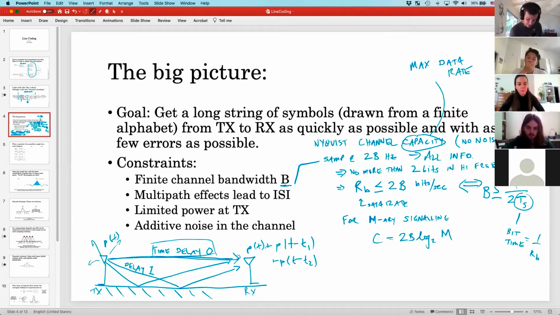And this will be attenuated. We've talked about that. Maybe this will be attenuated more because the reflection eats away some power. It's a slightly longer distance, so we get a 1 over r squared type path loss, et cetera, et cetera. And in the limit, this is endless because there are an endless number of multipaths that the signal can take.